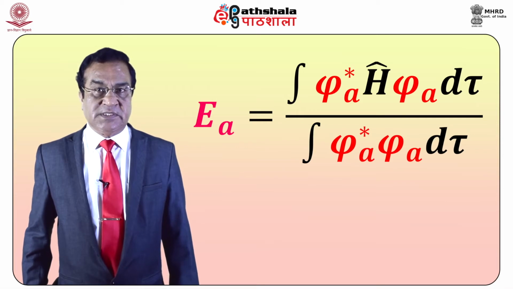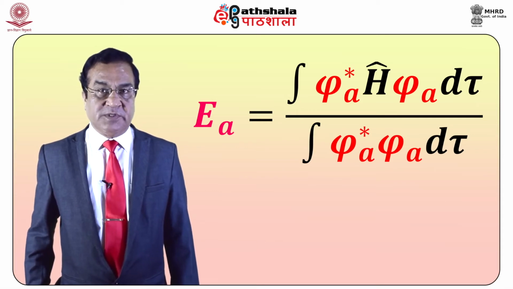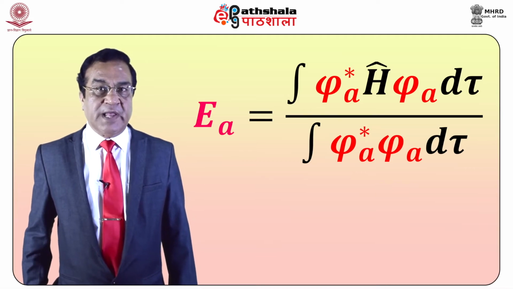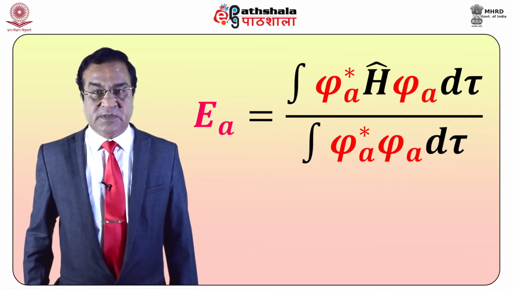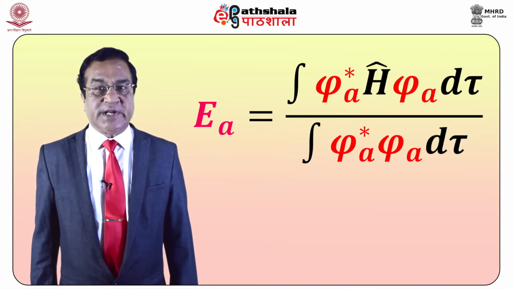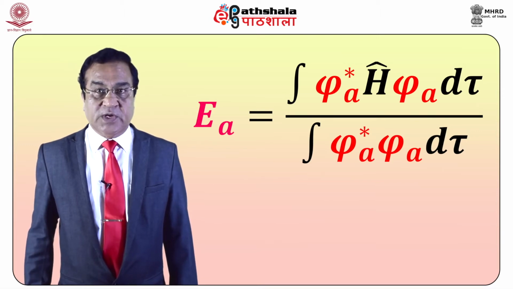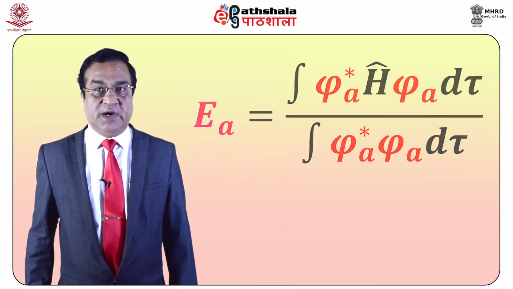So this is the expression for the approximate energy. Here we don't need to define our Hamiltonian explicitly, although it incorporates the effect of the interaction of the pi electrons with the rest of the nuclei as well as sigma electrons.